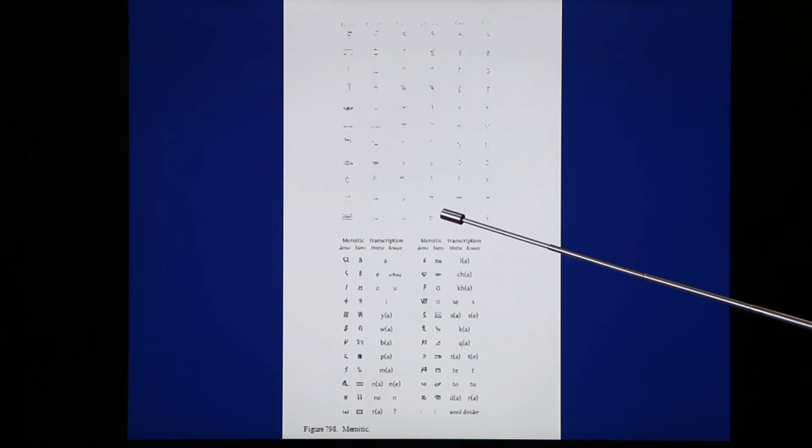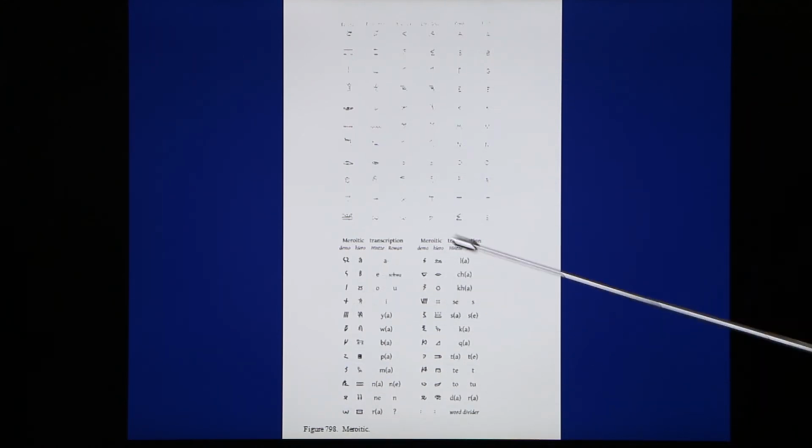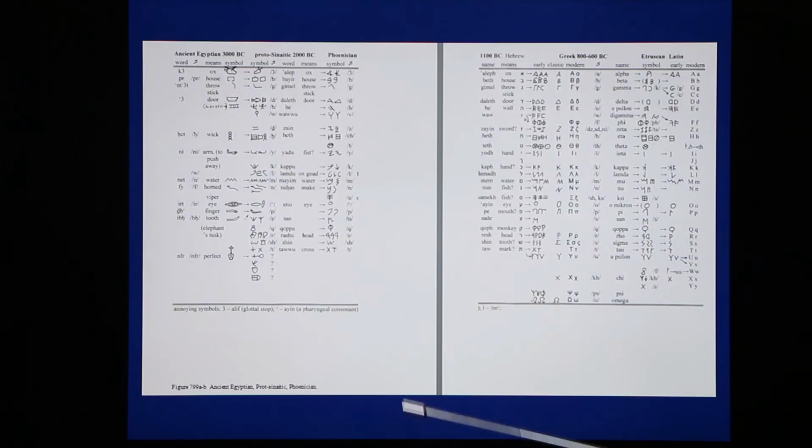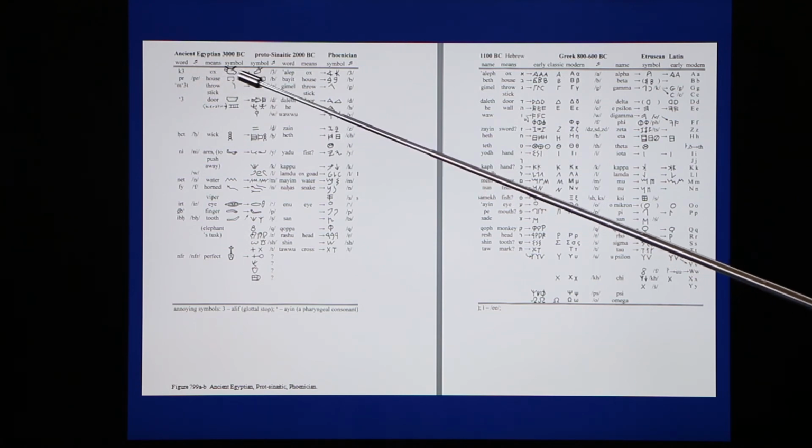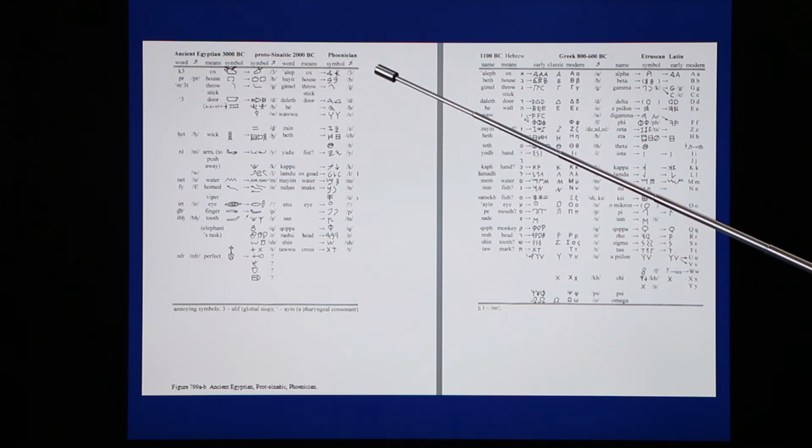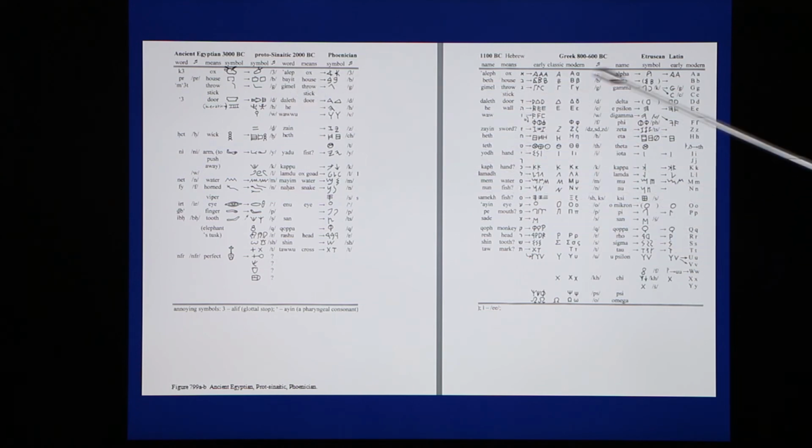Here yet another version of Meroitic, and then a table that shows you ancient Egyptian, Proto-Sinaitic, and Phoenician, and tries to show how all of that connects. Well, now this is very beautiful and quite compelling, but as we have seen in our story, it completely leaves out the fact that there are all these other ones coming in from the south via the Sudan and Ethiopia and to the north of Egypt.